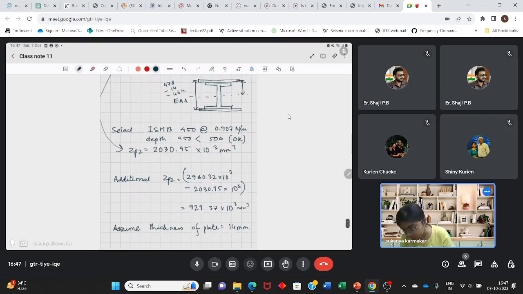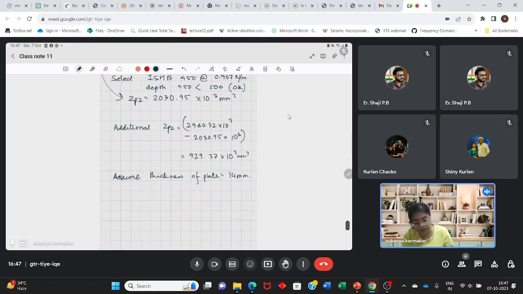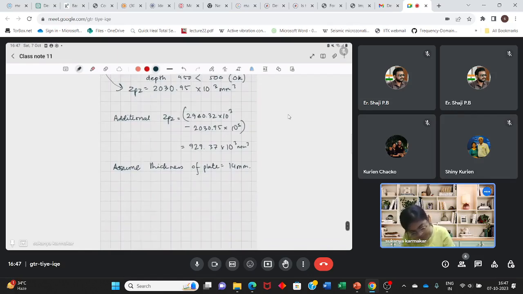This will be required later. So the distance between center to center of the plate is equal to 464 mm.